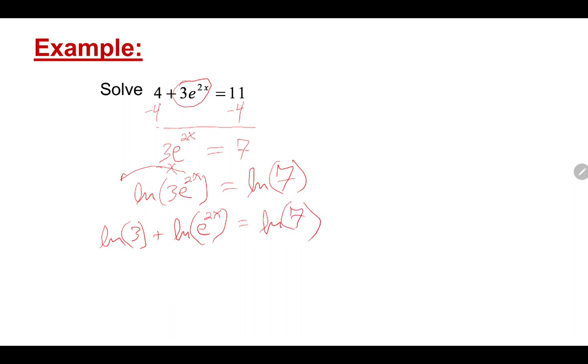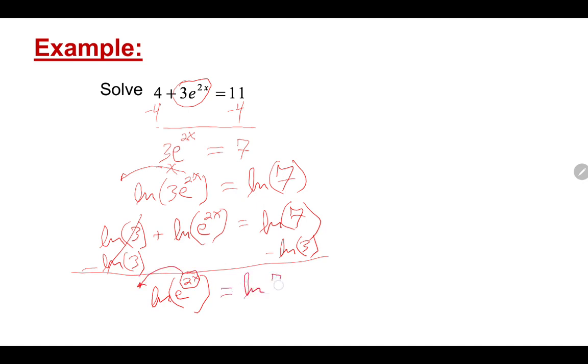And now I'm going to keep isolating, so I'm going to minus my ln of 3, minus ln of 3. So now I have those go away. So I have this ln of e to the 2x. Man, my writing's getting worse. This can pull out now. Well, after this.